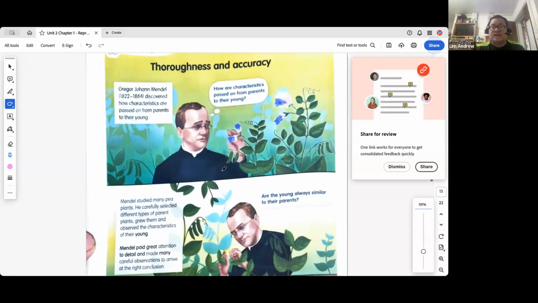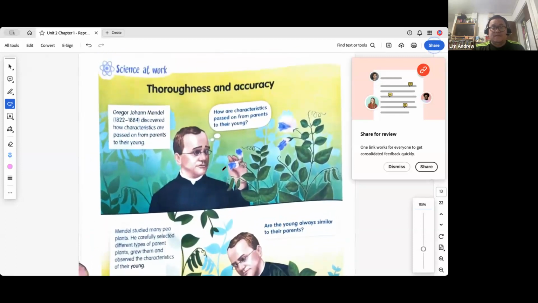Let's have some story time. We have this gentleman here called Mendel. He was born in 1822 and passed away in 1884. He was a scientist who discovered how characteristics are passed on from parents to their young.